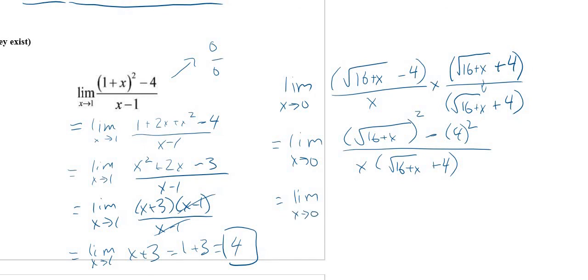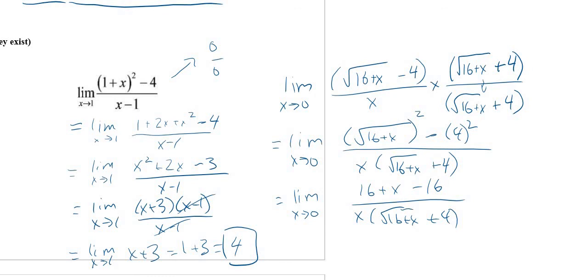So then up top, let's simplify that a bit. The square root and the square cancel, and we're left with 16 plus x minus 16, all over x times (root(16 plus x) plus 4).